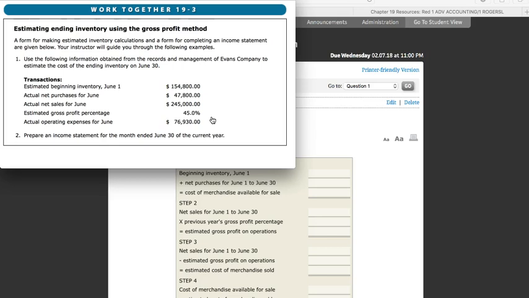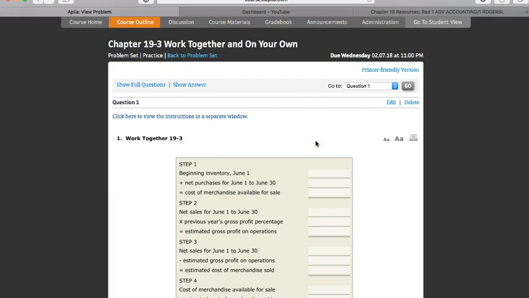So you might open up your own textbook page again, 576, or print those instructions off and have those by your side while we're doing this work together.